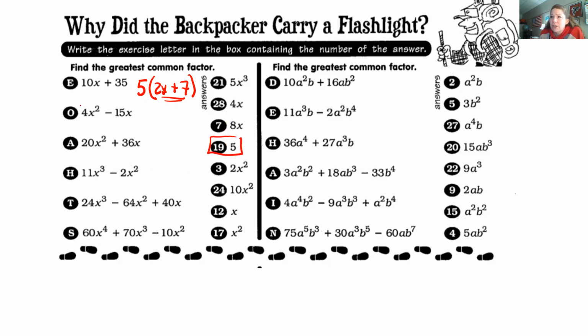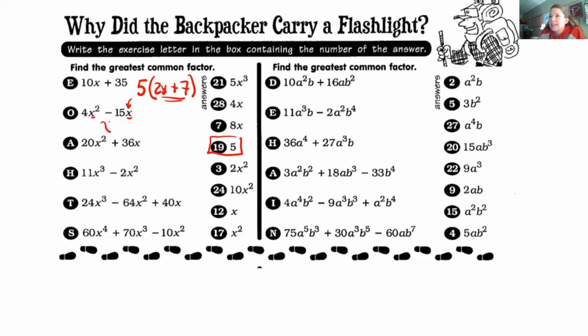Now let's look at letter O. Can I divide 4 and 15 by the same digit? Just a 1, right? But they both have at least one x. Now you might think, well, this one has 2 x's, correct, but this one doesn't. I couldn't pull out 2 x's from the second term. I could only pull it out of the first term, and you have to be able to find a factor that could be pulled out of both terms, right?